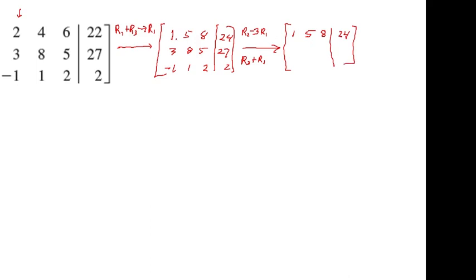But 3 minus 3 times row 1, 3 minus 3 times 1 is 3 minus 3 is 0. That's what we want. 8 minus 3 times 5 is 8 minus 15. Little math there will show you that that's -7. 5 minus 3 times 8 is 5 minus 24. 5 minus 24 is -19.